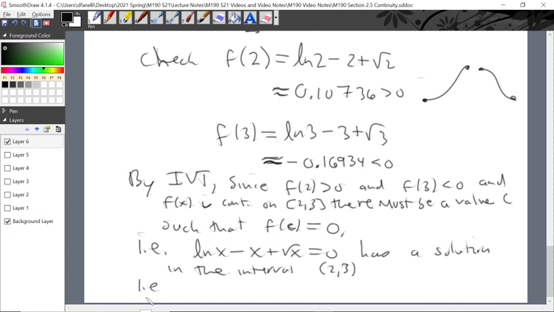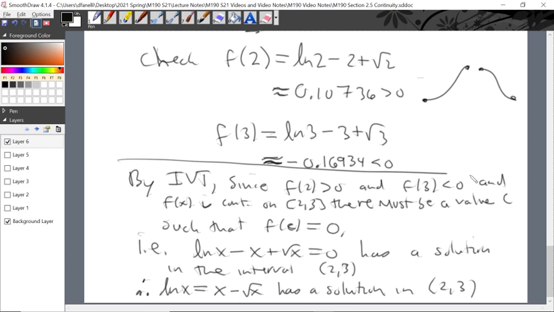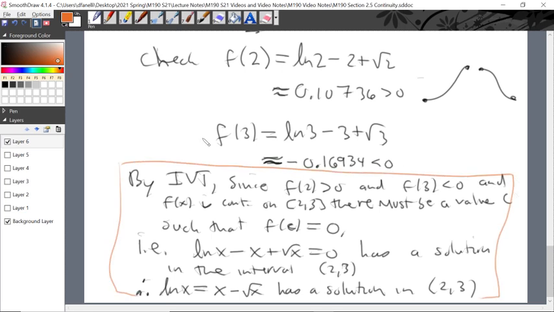Therefore, the original equation natural log of x is equal to x minus the square root of x must have at least one solution in the interval from 2 to 3. And that's the conclusion we reach here by use of the intermediate value theorem.